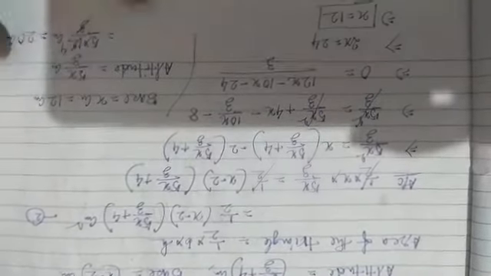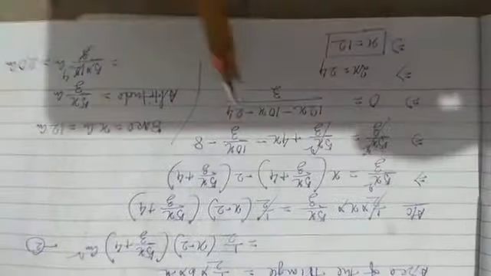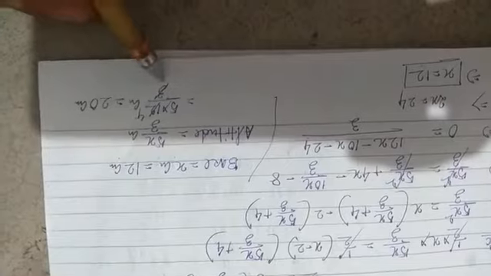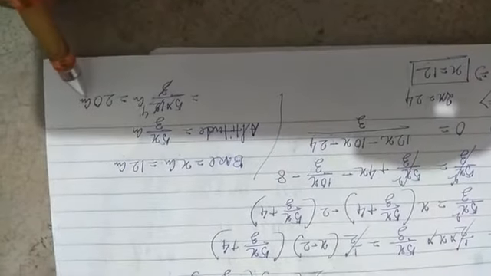So 0 equals, LCM of the denominators 1, 3 and 1 is 3. So 3 4s are 12x minus 10x minus 24. So after simplification x equals 12. So the base of the triangle is x centimeter, equal to 12 centimeter, and the altitude 5x by 3 centimeter equals 5 into 12 by 3 centimeter, equal to 20 centimeter.